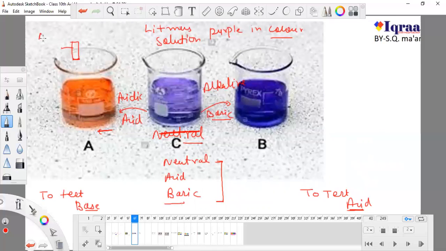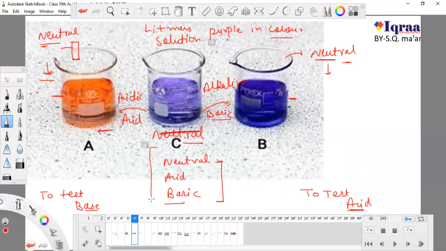Okay, now my question is, what would happen if I want to test something neutral with it? Okay, what will happen? We cannot identify the neutral thing, or if anything is neutral in nature, we cannot go with this. It is not helpful.